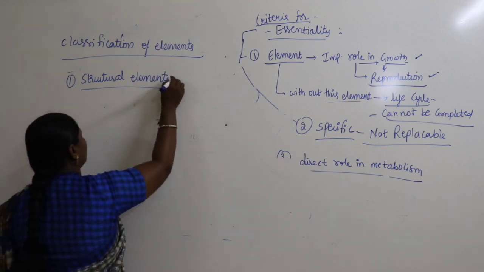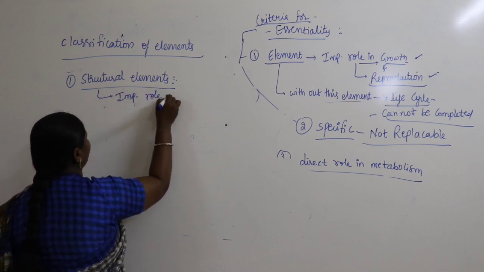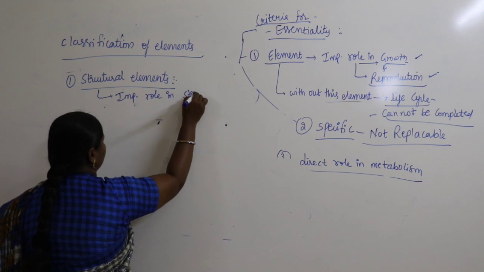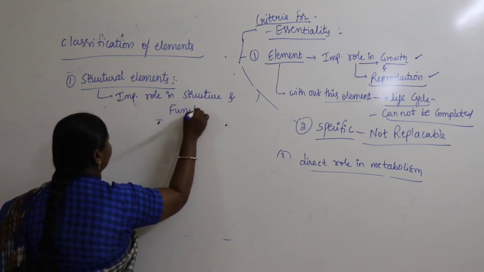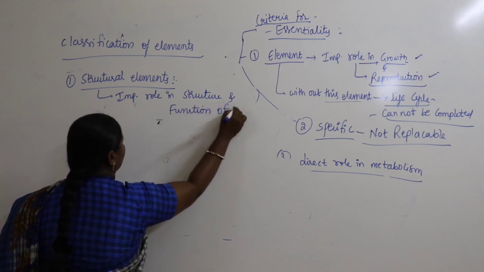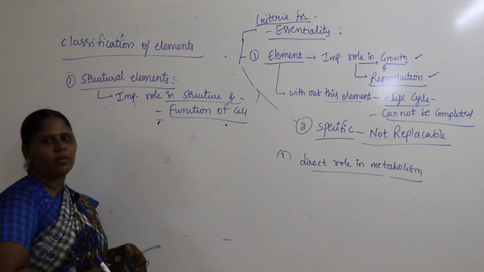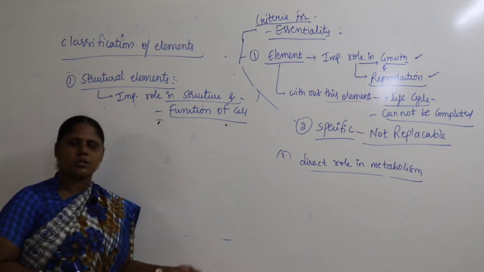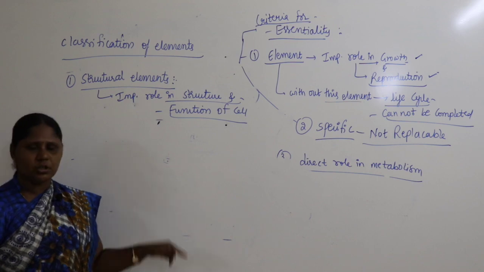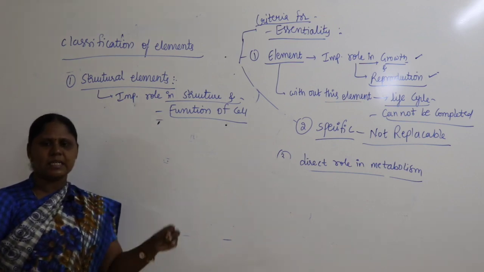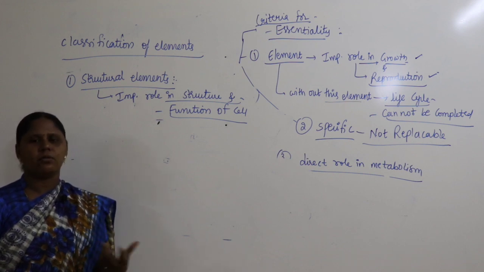They play a very important role in the structure and function of the cell, like in the formation of proteins, carbohydrates, amino acids and so on. So they are called structural elements. They are the basic skeletal structure which the plant requires in major quantity.